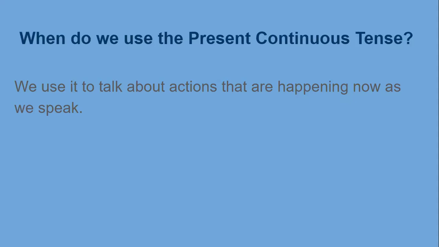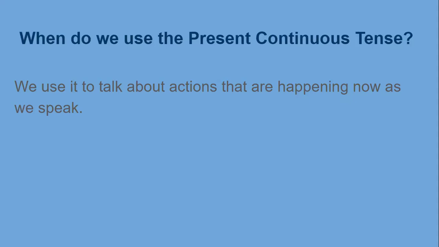Okay? For example, right now, what am I doing? I am recording, right, a lesson on the present continuous tense right now. So this is the present continuous tense. This is what I'm doing as I am speaking.